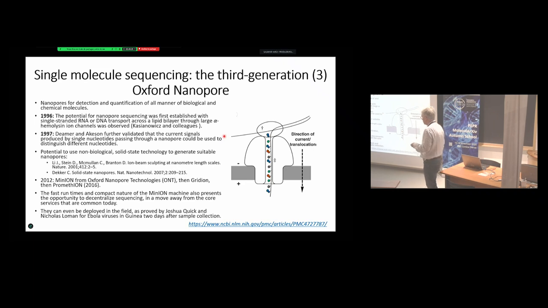And so then there were several developments, but the most significant were around 2010 when Oxford Nanopore Technology developed the MinION, then the GridION, then the PromethION to allow the analysis of the signal that was crossing the nanopore. And so what was quite successful was the capacity that we have seen yesterday, that you can come with your sequencer and you can run.